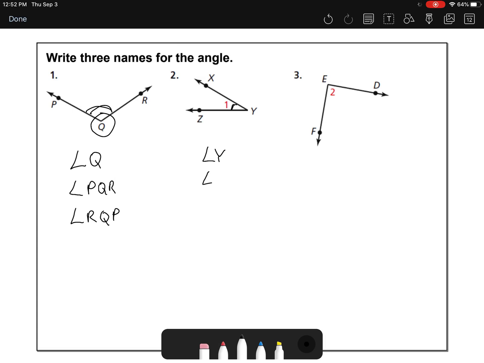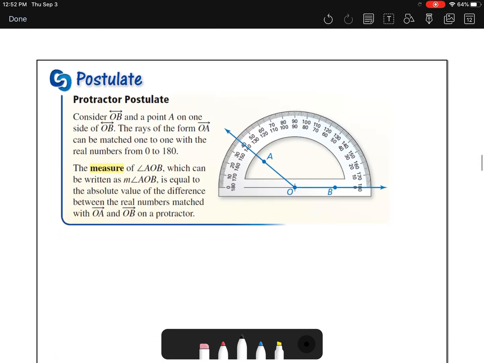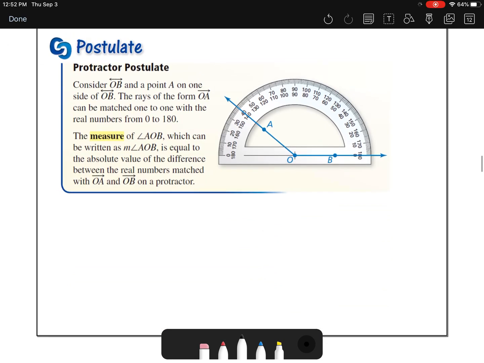We can use angle Y again because we can tell that's angle Y. We can also use angle 1 because the book is nice enough to put a red number in there for you. Or you can simply name it with three letters using the vertex as the middle, XYZ or angle ZYX. You can guess that this one is exactly the same, DEF or FED, or angle 2 or angle E.